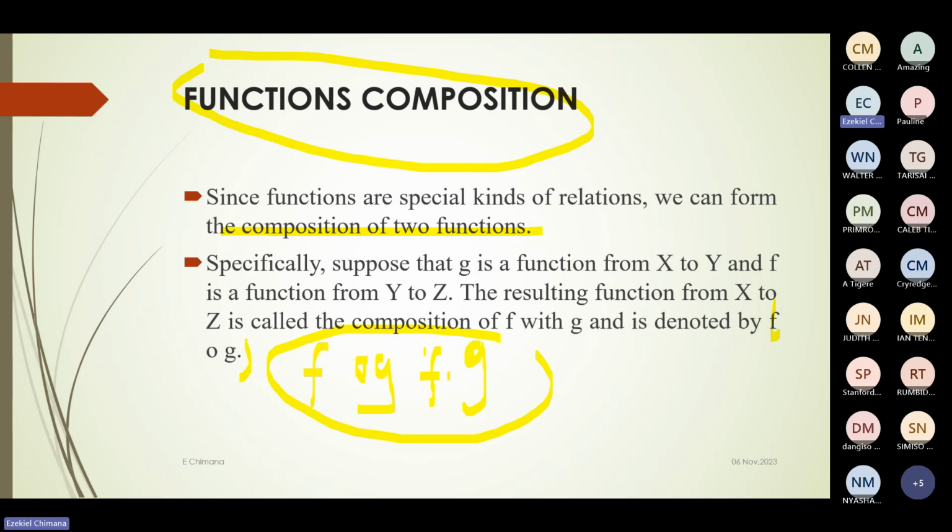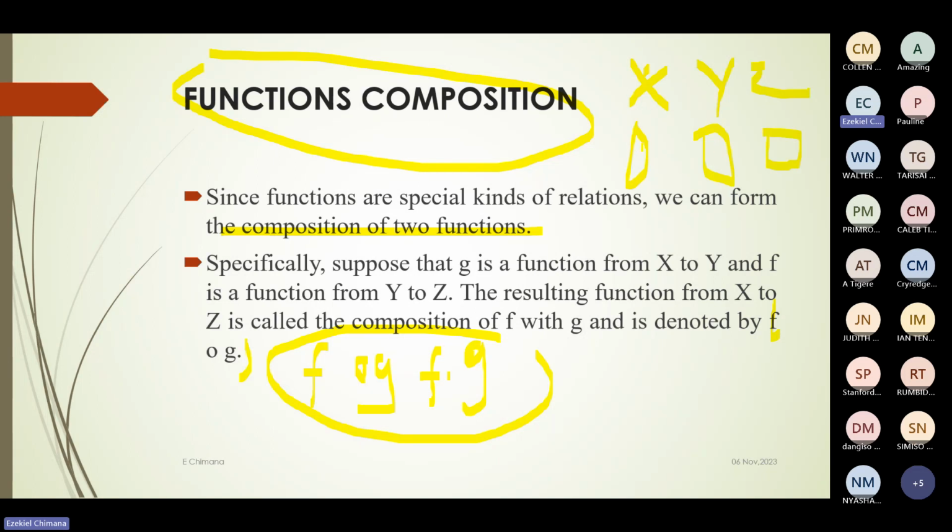Just like what we were doing on relations, if you are given relations R1 and R2, where you have X, Y and Z, take them as just rectangles.